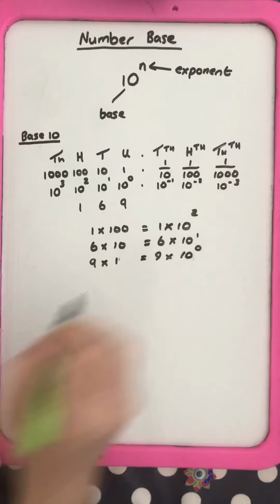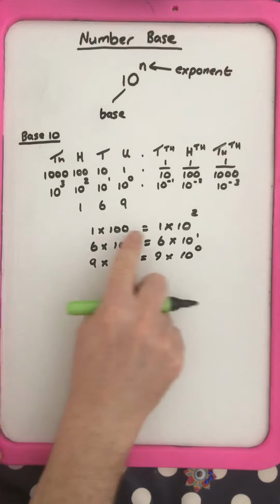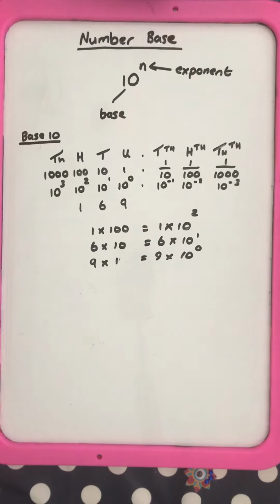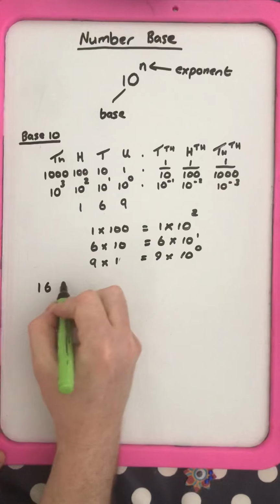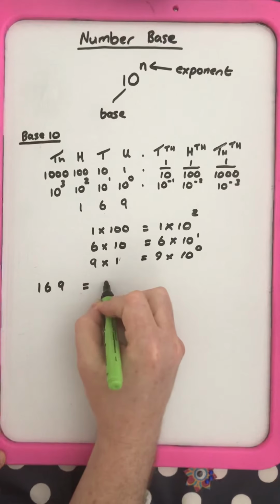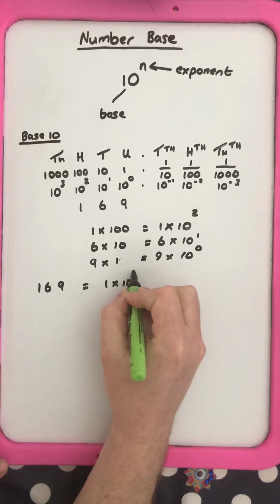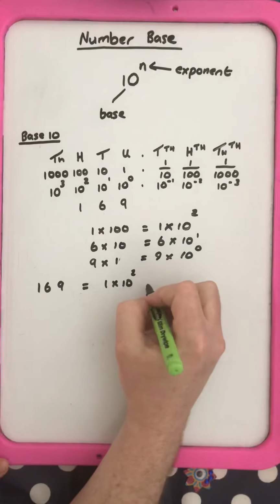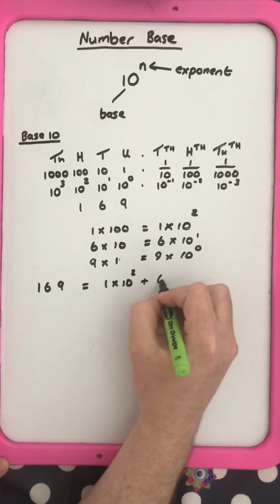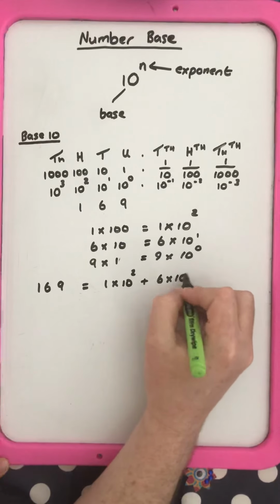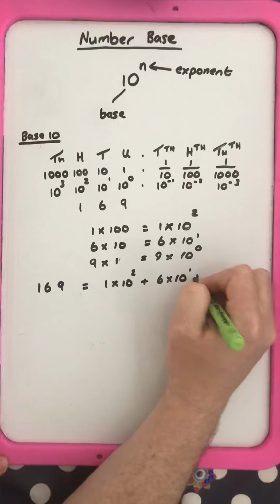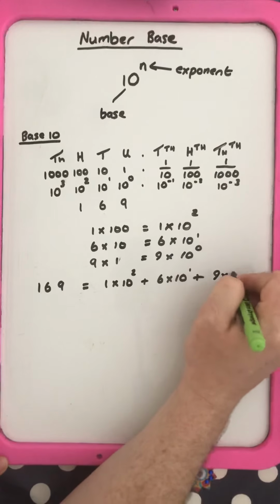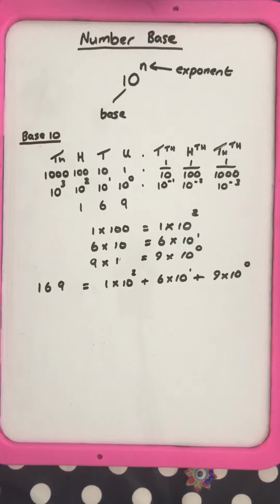Right, so 169 also looks like this. 1 times 10 to the power of 2 plus 6 times 10 to the power of 1 plus 9 times 10 to the power of 0.